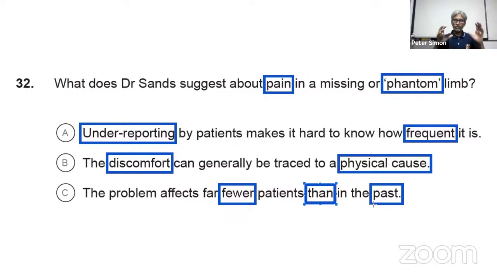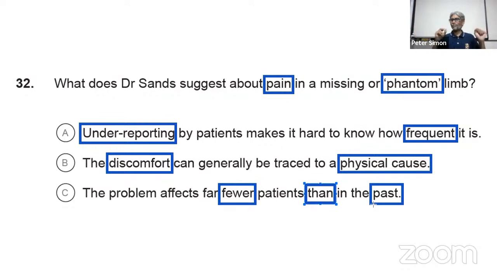So I hope you understand. Information passed down to the doctors. Reason behind this discomfort. Comparison between past and present regarding the number of patients suffering is decreasing. Earlier more, now less. That is comparison. More than, lesser than, fewer than, comparison.